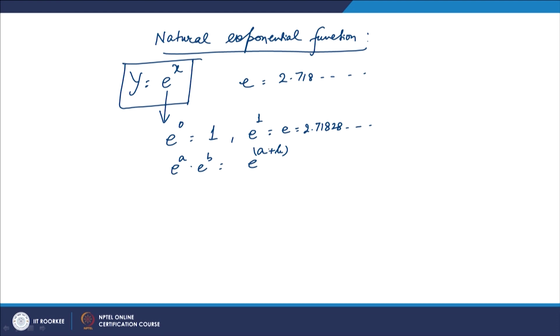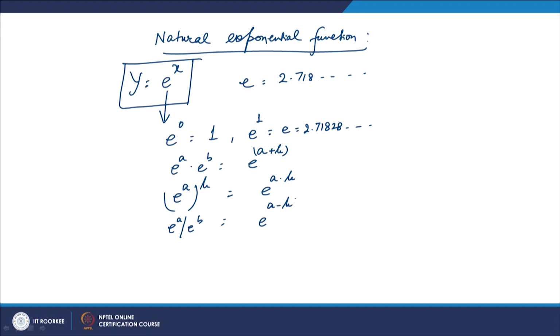So these exponents will be summed up. Similarly, e^a and e^b: e^a into e^b, e^a by e^b, so it will be e^(a minus b).